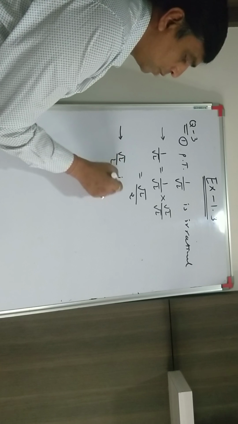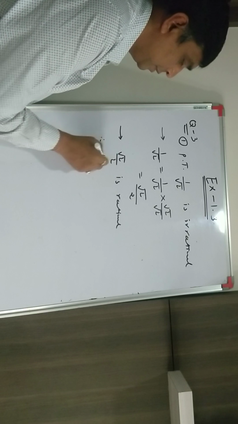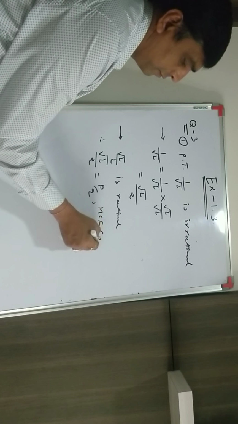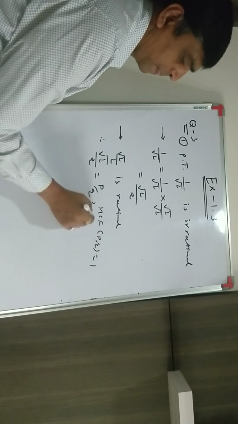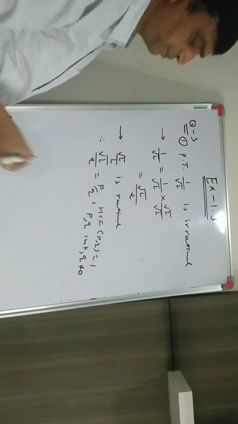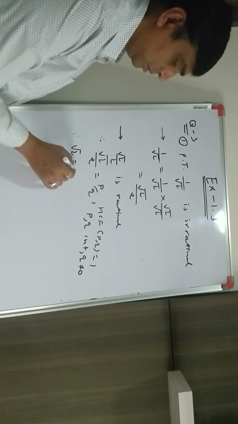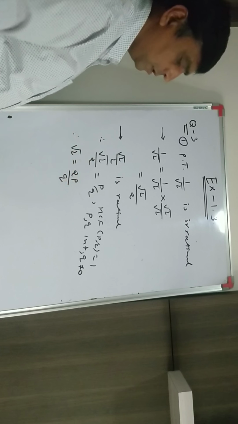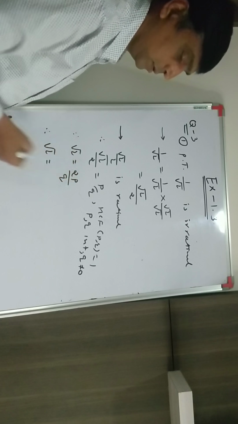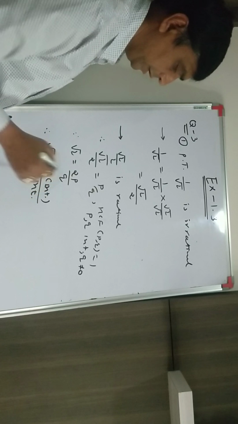So let root 2 by 2 be rational. If it is rational, then it can be written as P upon Q, where HCF between P and Q is 1. P and Q are integers and Q is not equal to 0. Therefore, root 2 equals 2P upon Q. So root 2 equals 2 into integer, Q is also integer.